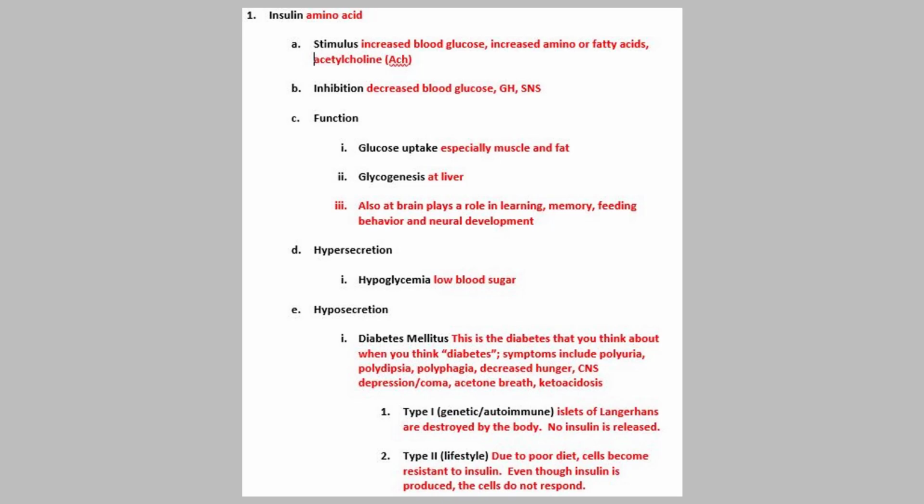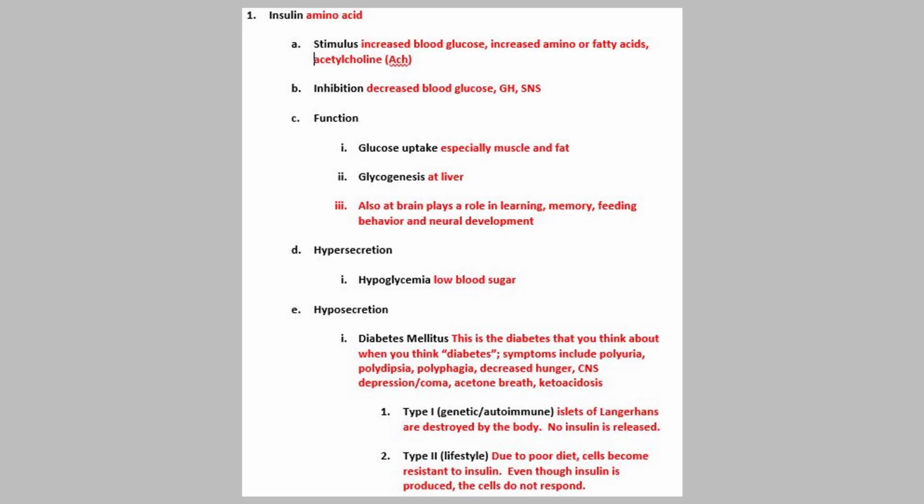Now, separately from that, at the brain, insulin plays a role in learning, in memory, in feeding behavior, and in neural development. So all of this is important, especially in infants. So insulin, aside from its glucose function, does have those other roles.